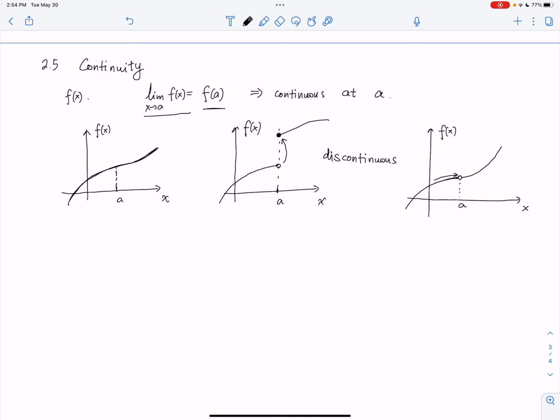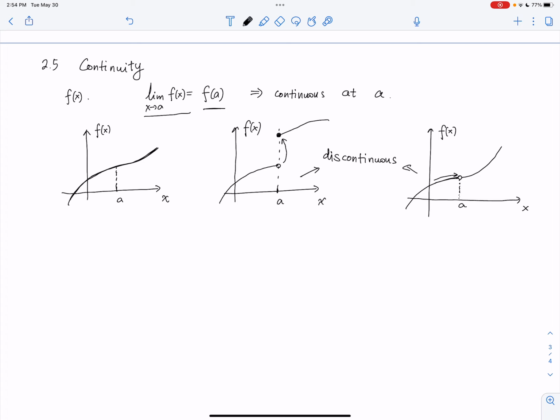So you have to lift your pencil, make the cross, and then go to the other side. There's no way it's just one smooth, continuous thing. So this one is also discontinuous, at only this A point.